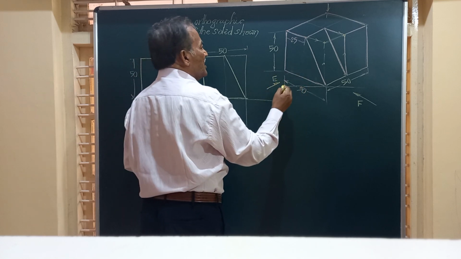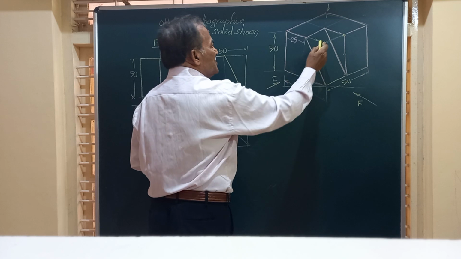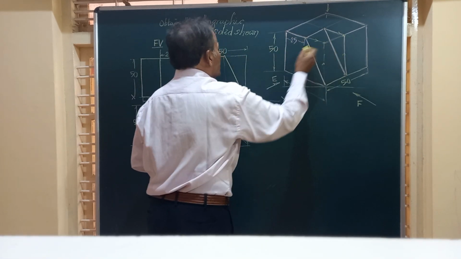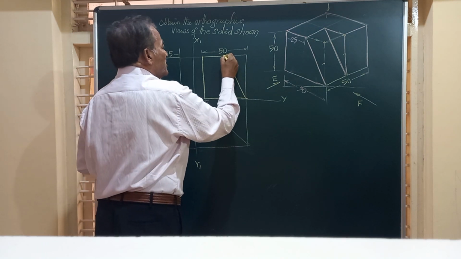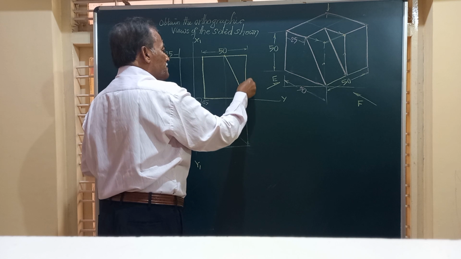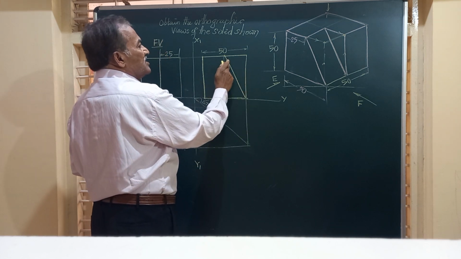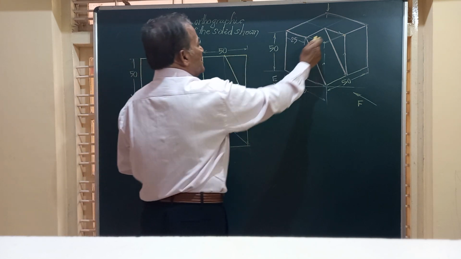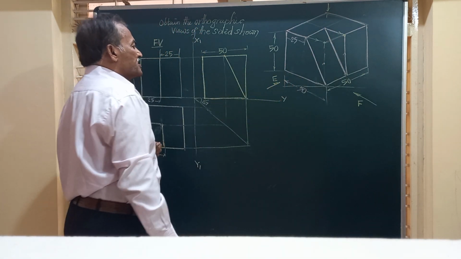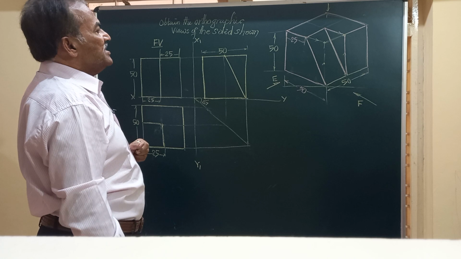Friends, here, as I told you before, this point here appears as if it is here. So friends, you are going to have even this edge also. So friends, this line is this line, and this is how the object looks when you see it from the end.